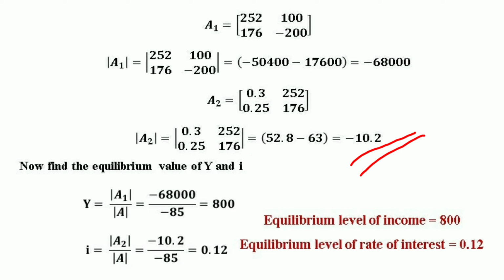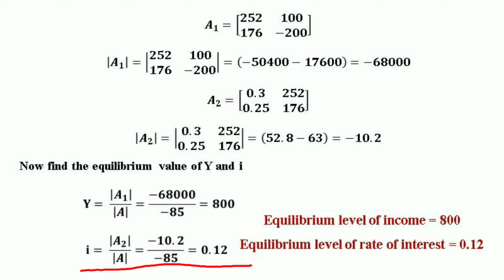Now after finding the determinants A1 and A2, we can find the equilibrium values of y and i, that is, income and the rate of interest. So the equilibrium level of income y is equal to determinant A1 divided by determinant A, which is minus 68,000 divided by minus 85, which is equal to 800.